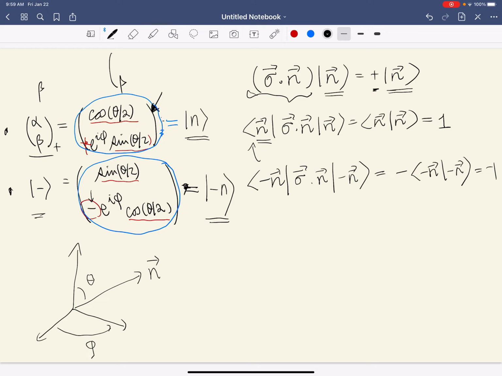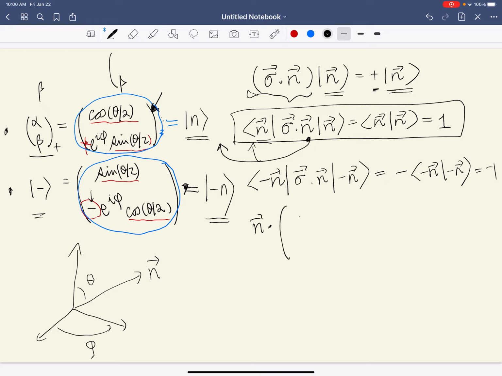Okay, so now what does that mean? Well, let me take out this vector, which is nothing but a collection of numbers, to the outside of the overlap calculation so that I can now write this in this way. Okay, so this is some expectation value, right?